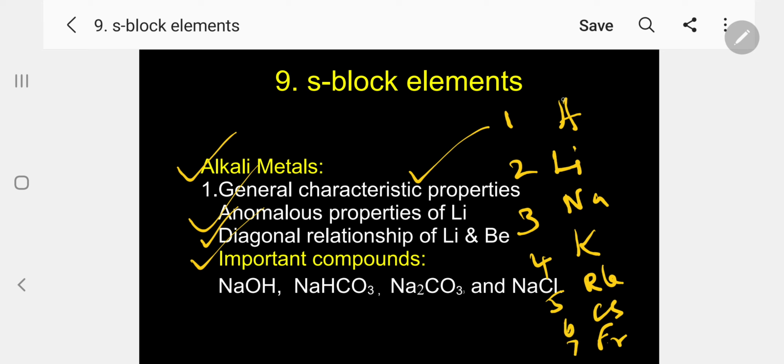Except hydrogen, all are metals. Kindly follow. They have general electronic configuration ns1 and valency always 1. Oxidation state is +1. So this you should have in mind.